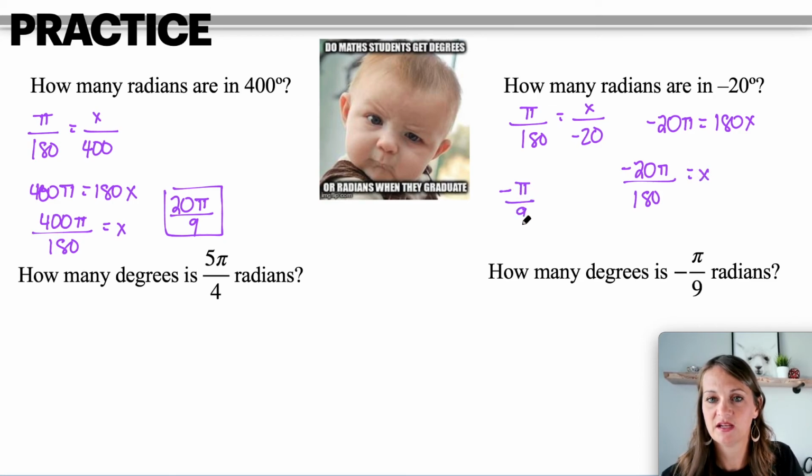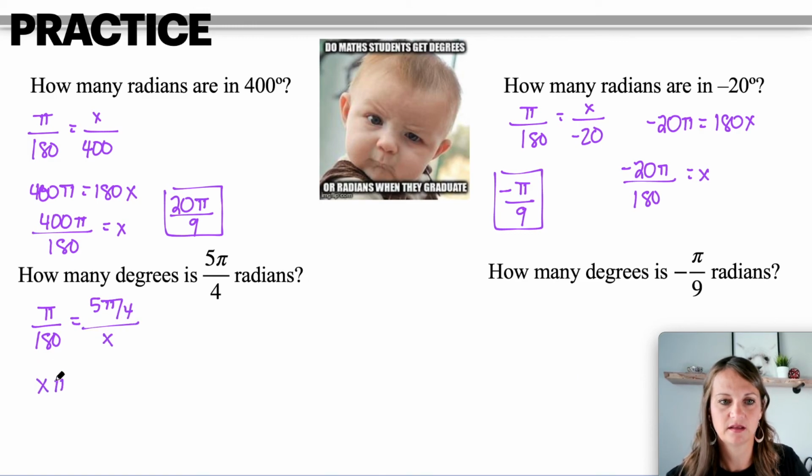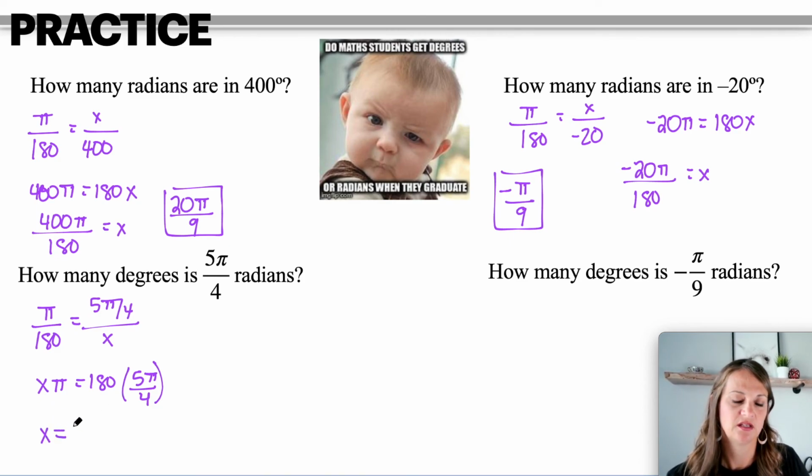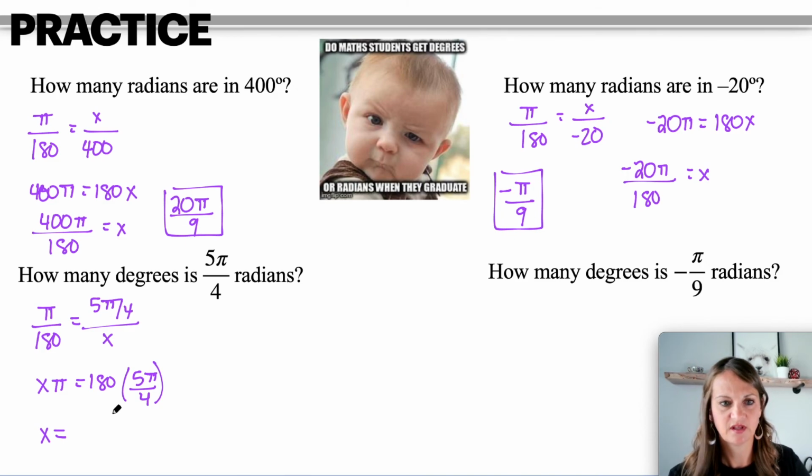This should give you negative pi over 9 because 2 over 18 is 1/9. This, the 5 pi over 4, needs to be on top. The pi's will cancel, leaving you 225. Please don't forget the degree symbol.